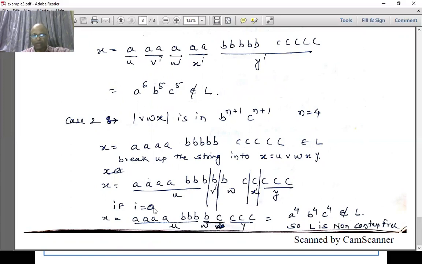Now if I pump down, so i equal to 0. Why? If I make i equal to 0, I should eliminate this V part and I should eliminate this X part. So I have 4 A's and 3 B's common, this U part. This V part should be eliminated, so I won't have this. So BC is W, what we have.